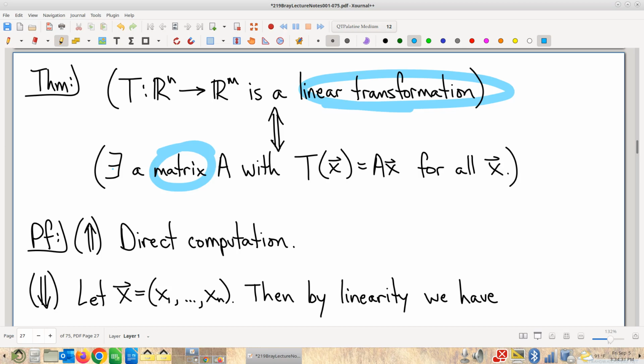Now again, we're only talking about Euclidean linear transformations. And when I say it is a matrix, what we mean is represented by a matrix in this way, the usual way. You give me a matrix, this construction right here makes a function. And I'm saying whatever linear transformation T you give me, there is a matrix that makes that linear transformation.